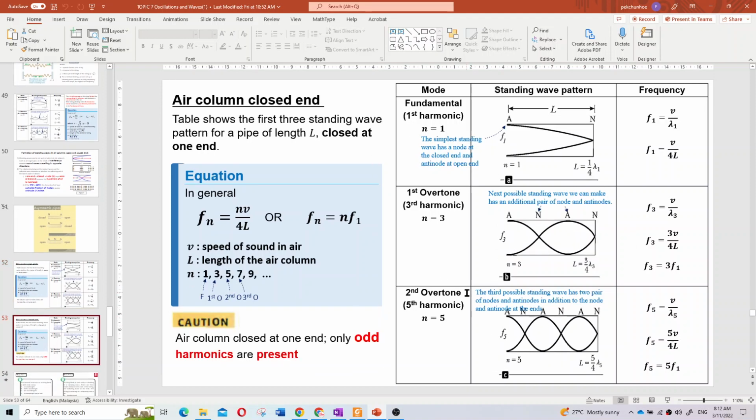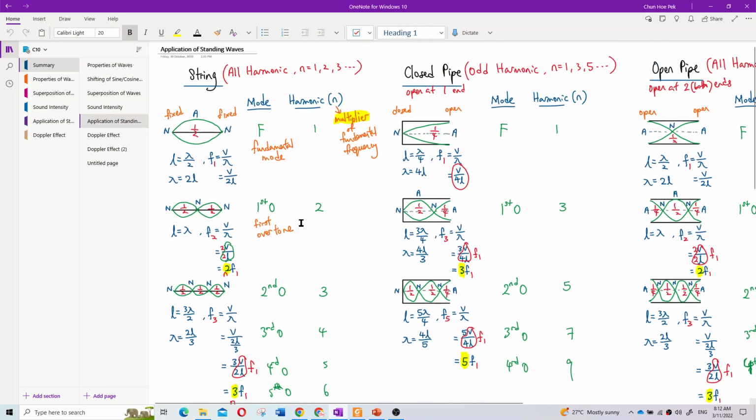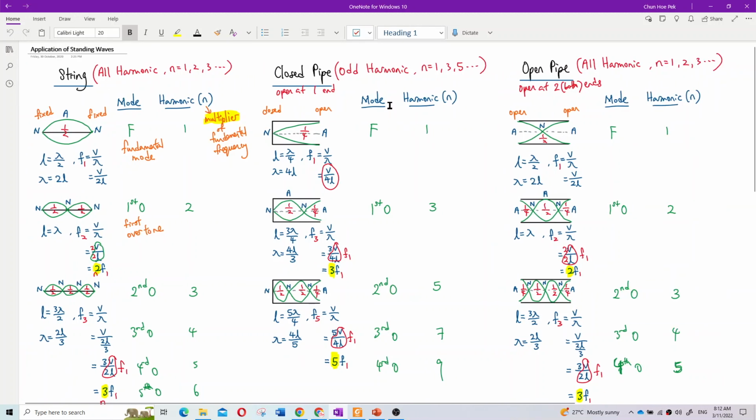I have actually made a video before this. In this application of standing wave, we are going to encounter three things: string, closed pipe, and open pipe. There are only three things, and we need to know the waveform, how the wave looks.